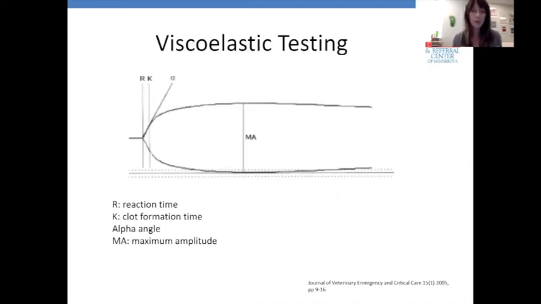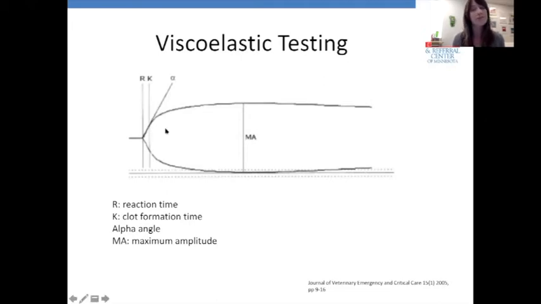You'll put your blood sample in and the graph will start running, and then you have to be patient, which is really hard. It's very hard for me. You're going to watch the clot essentially form in graph form for 60 minutes. And you're going to be able to see how quickly the clot forms, whether it's a strong clot, and whether it breaks down really quickly or breaks down appropriately. So that's why the test takes so long.